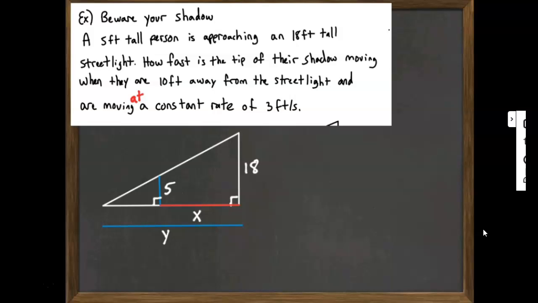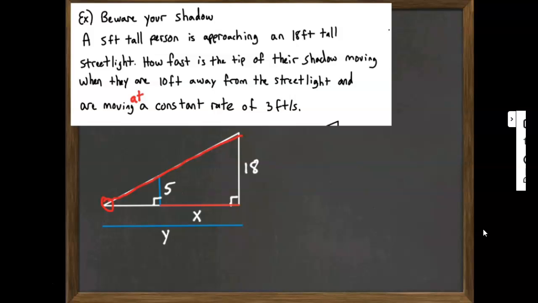I also need to know how fast the tip of the shadow is moving. Shadow tip's right here. Because understand what happens is the street light is sending light beams out, and your shadow is created by your body blocking the light from getting to the part of the road behind you as you walk towards that street light.